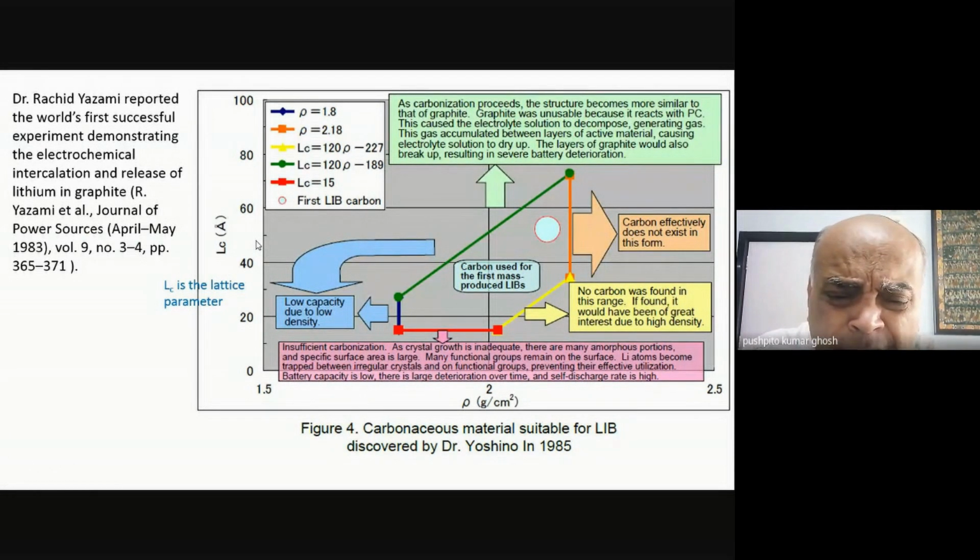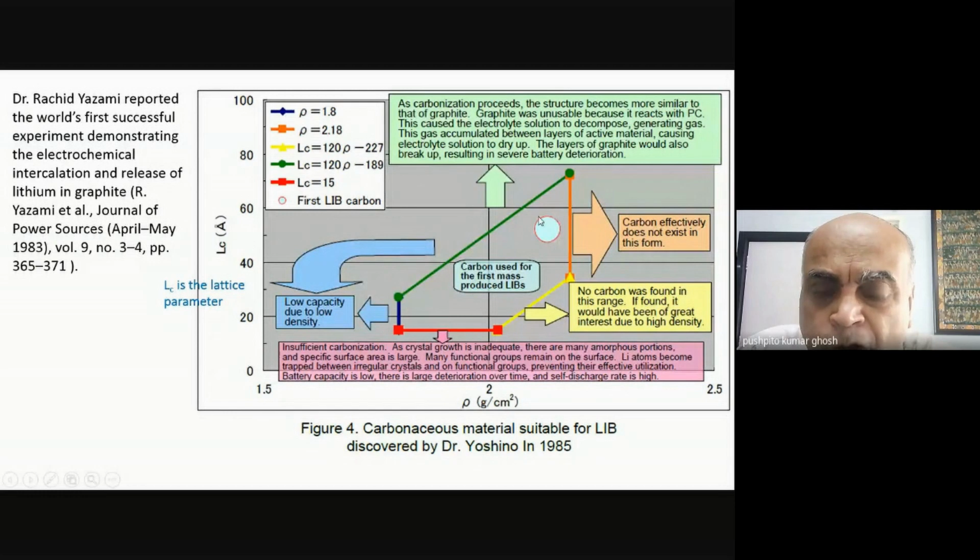He started looking at all kinds of carbonaceous material, and was finally able to find a carbon which actually ended up being superior to graphite, in the sense that this carbon did not interact with the solvent. It left the solvent stable, which Yazami never worked on. It was Yoshino who did that.